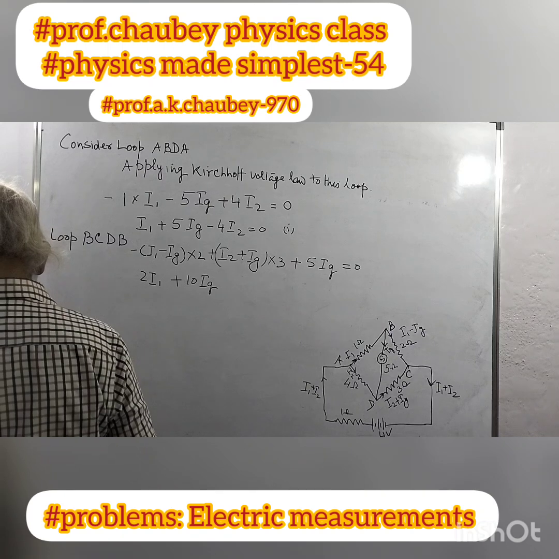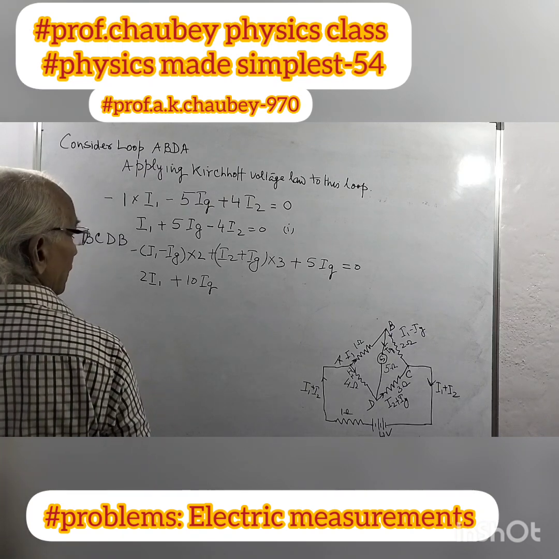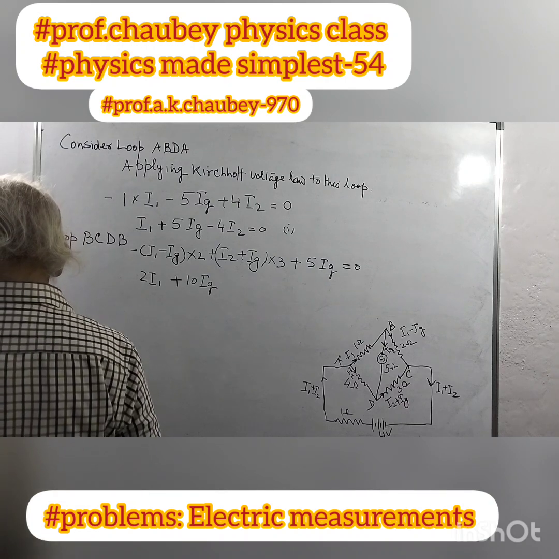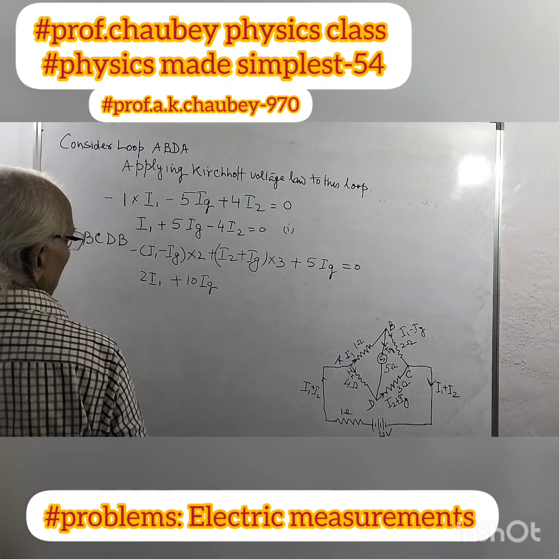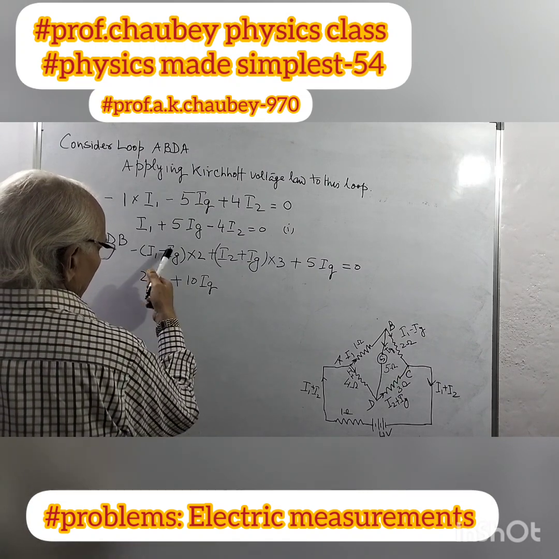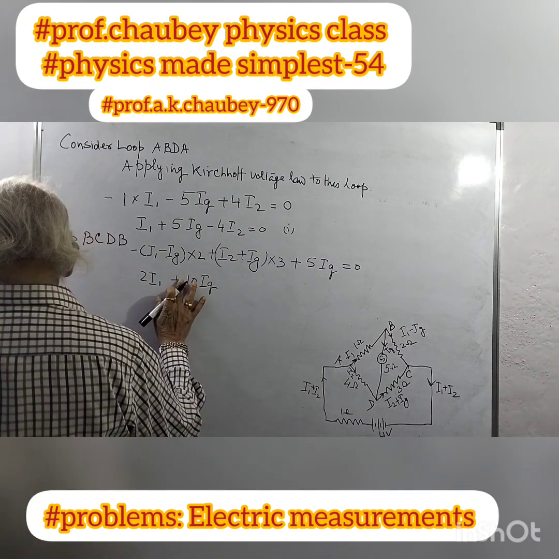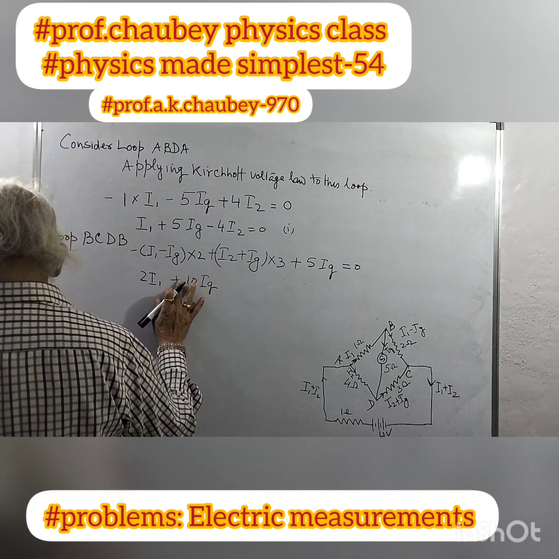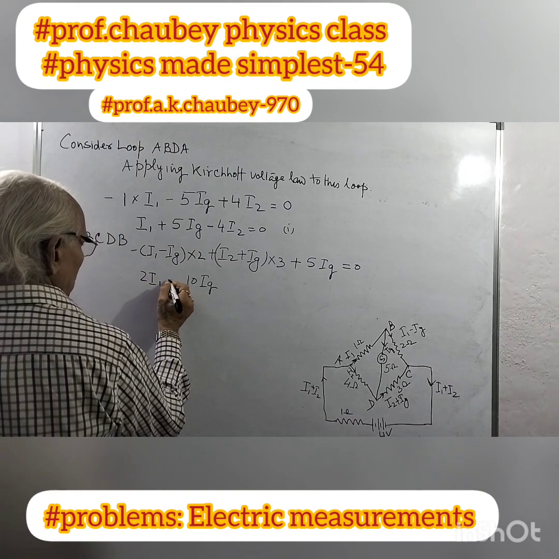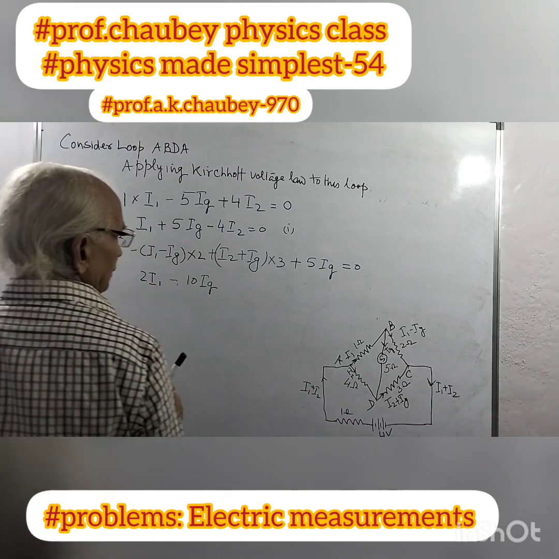And then I think we have twice I1. I have multiplied by minus here, so twice minus, this becomes minus. Because I am multiplying with minus also, this becomes minus 10Ig.